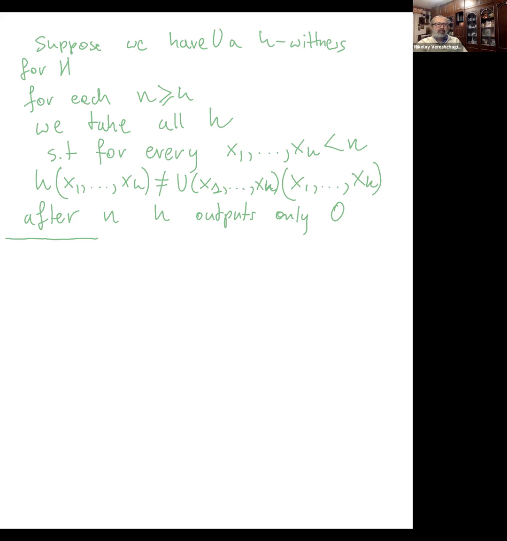I see now. So the condition is that basically the function has finite support: for some n, after n it has only zeros, and up to n it doesn't have a forbidden behavior given by u. But if you require it to have finite support, then the original class is not a part of it. Yes, but we just add these functions to our original class, and then we obtain a superclass.